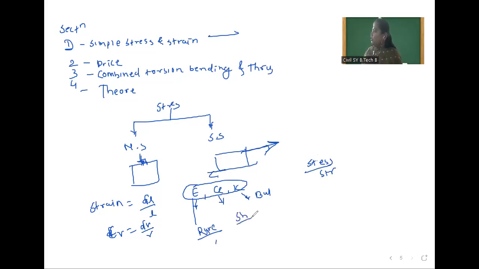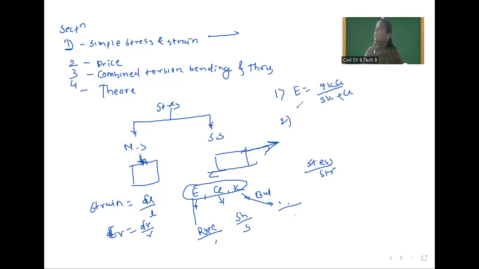Here shear stress to shear strain, and here direct stress to the volumetric strain. That means stress to strain ratio will be there.